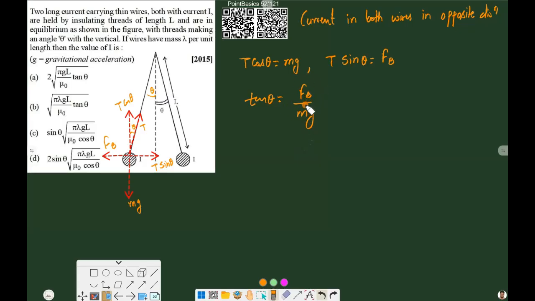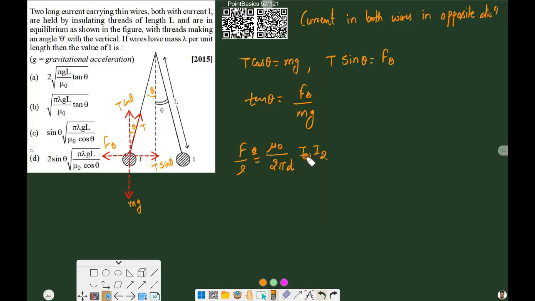We know that when we have two parallel conductors, then their repulsive force is given by, so force between, either attractive or repulsive, between two conductors, and this is actually force per unit length, is given by mu naught by 2 pi d into I1 I2, where I1 and I2 are the currents of these two conductors.